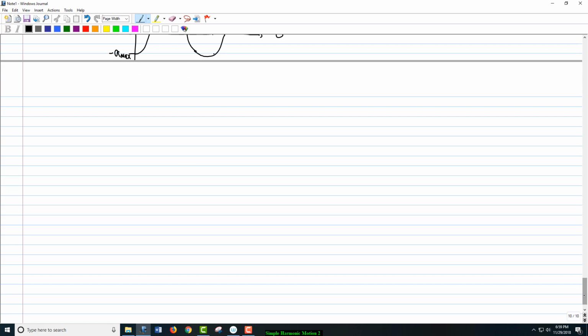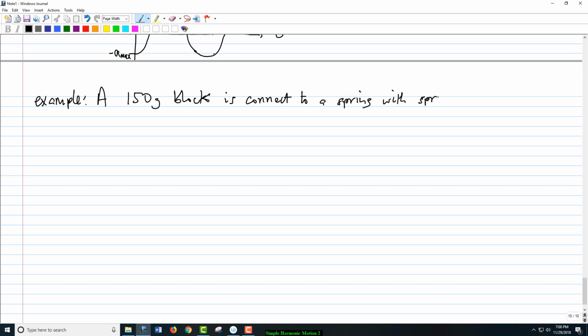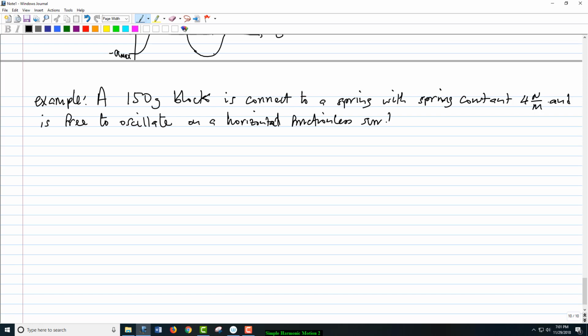Let's do a quick example of an object in simple harmonic motion. Let's start over. A 150 gram block is connected to a spring with spring constant 4 newtons per meter and is free to oscillate on a horizontal frictionless surface.